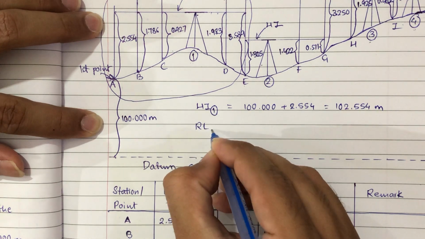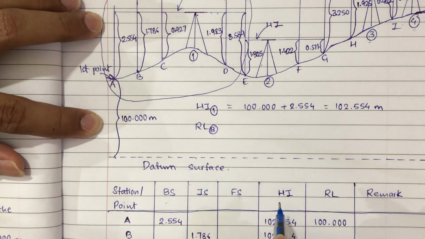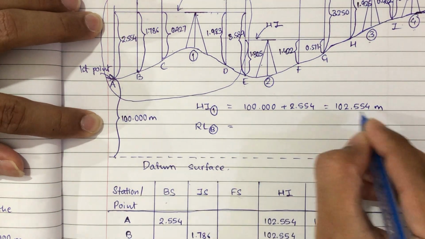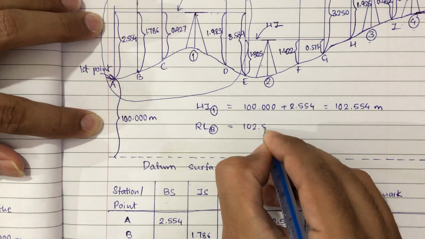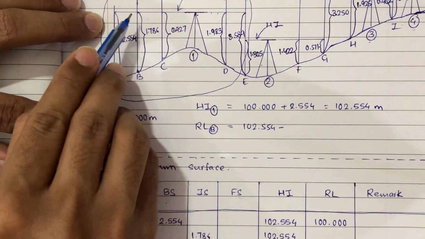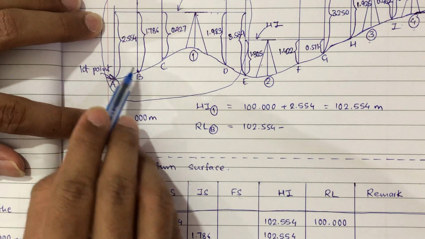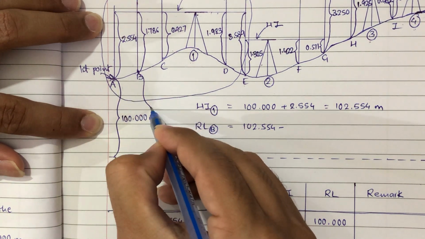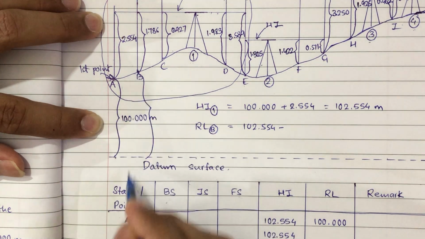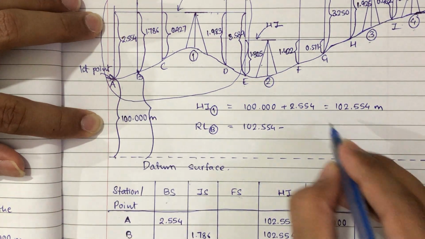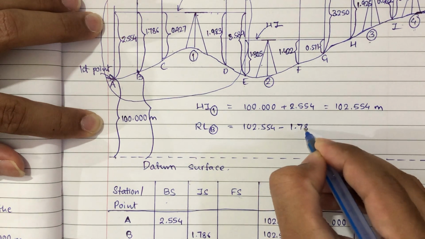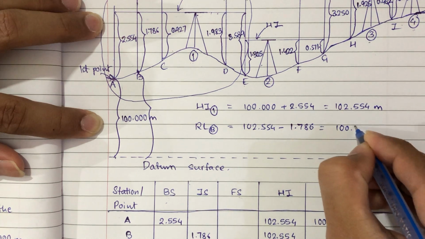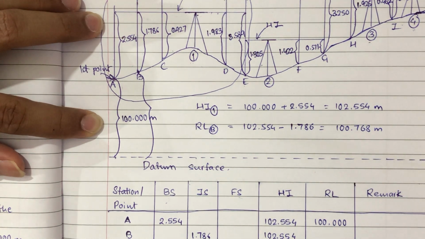So RL of B will be equal to the height of instrument, that is 102.554, minus this reading 1.786. We will get the RL of this point B. So 102.554 minus 1.786 comes out to 100.768 meters.